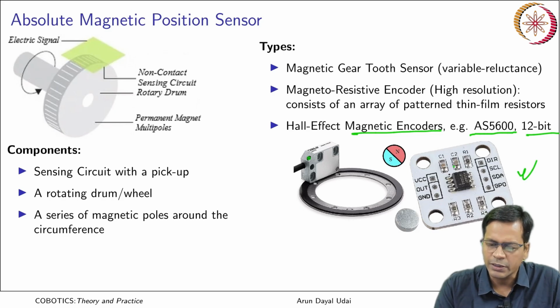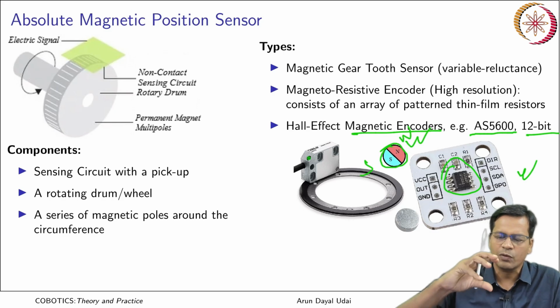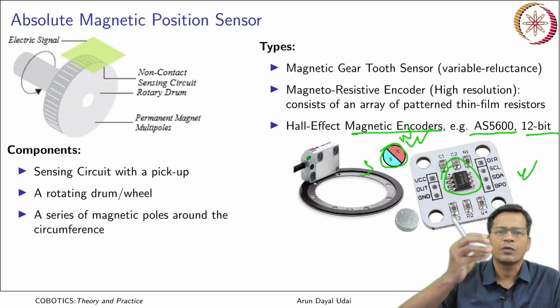It is nothing but a chip which has a Hall effect sensor, and this needs to be glued on top of the motor. So it has a north pole over here and a south pole over here, and when it rotates, this chip can tell you the angular position of this glued magnet.